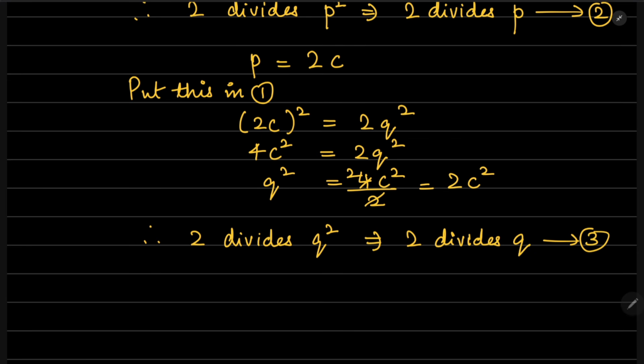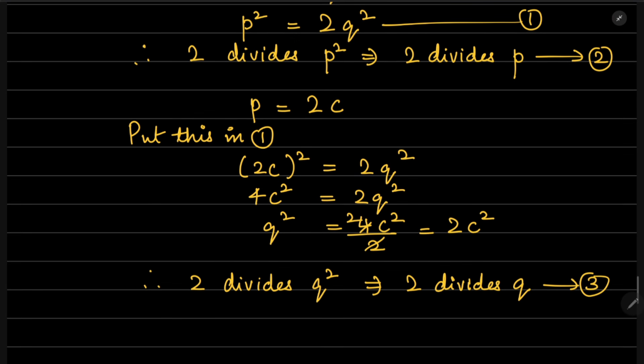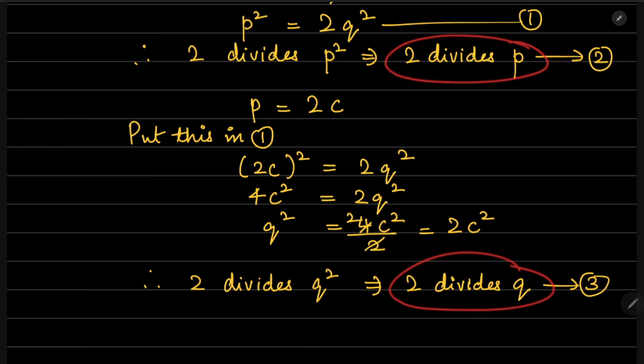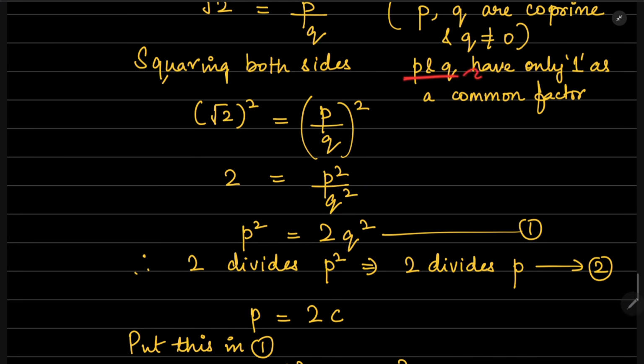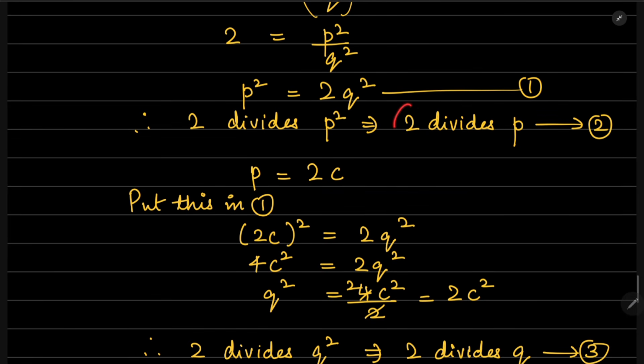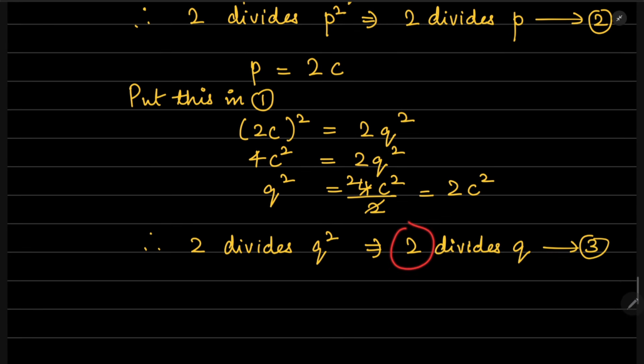This is equation 3. So what do you see? 2 is a factor of P, and 2 can also divide Q, which means what we assumed is wrong. P and Q do not have just 1 as a common factor. P and Q also have 2 as a common factor.